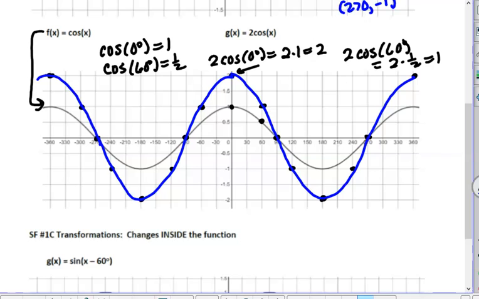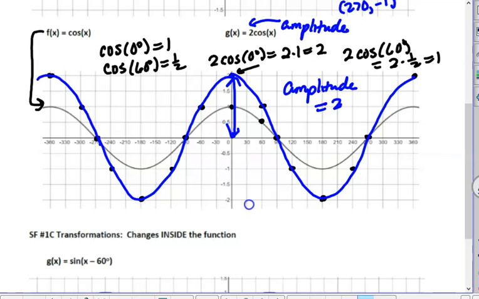So which of the 4 characteristics we talked about did that affect? Well, it affects the amplitude. So the amplitude now equals 2. So this number outside here, that's the amplitude. The original amplitude was 1. Whatever number is out there now is the new amplitude.